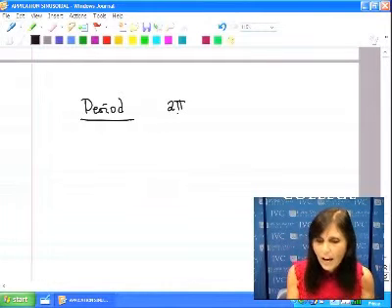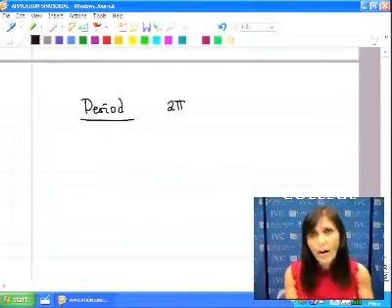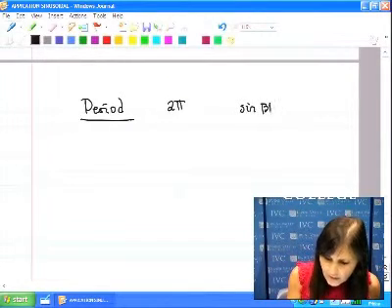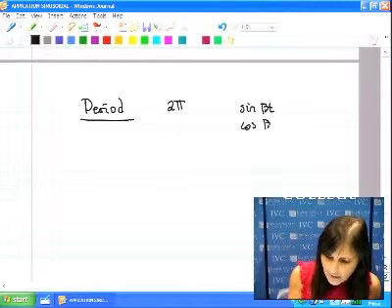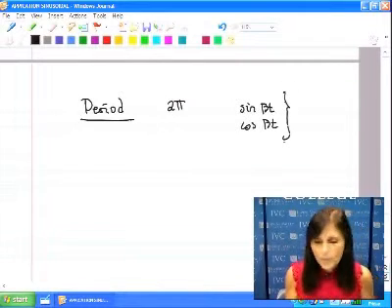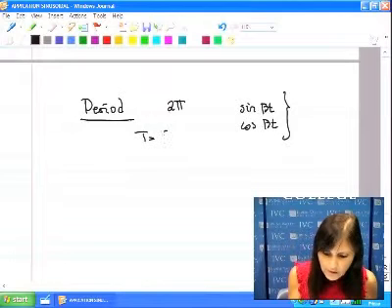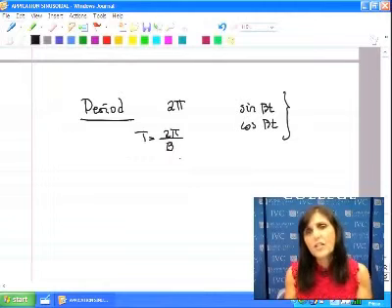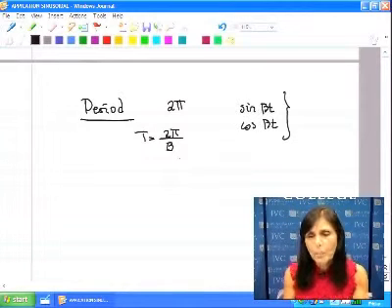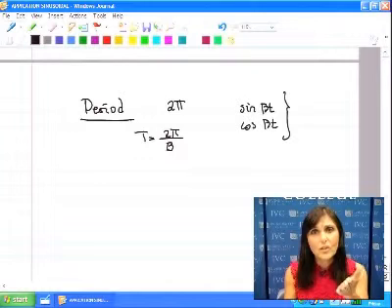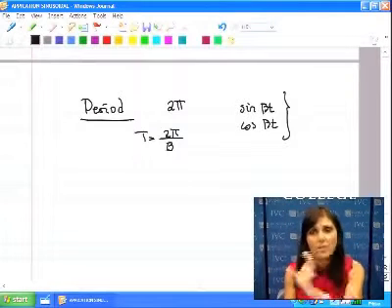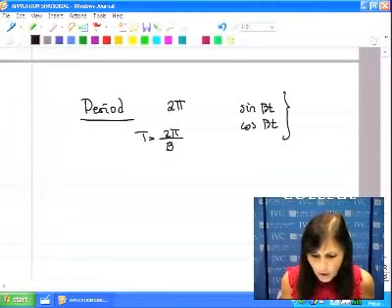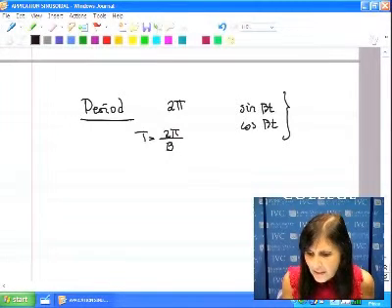But if you have a situation where, remember the graphs of sine and cosine, and we are dealing with sine of bt or cosine of bt in the formula, so your new period is simply going to be 2 pi over b, whatever that is. And if it is 2, your period is going to be pi. In other words, whatever your particle is doing is going to repeat at every pi instead of every 2 pi. So kind of pay attention to that.